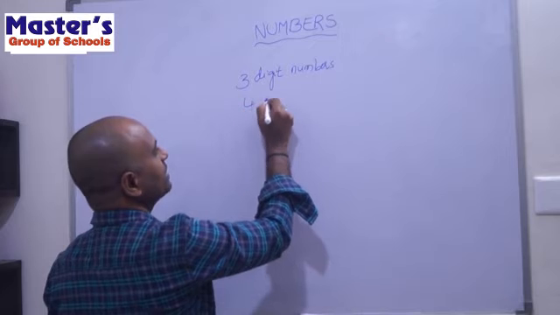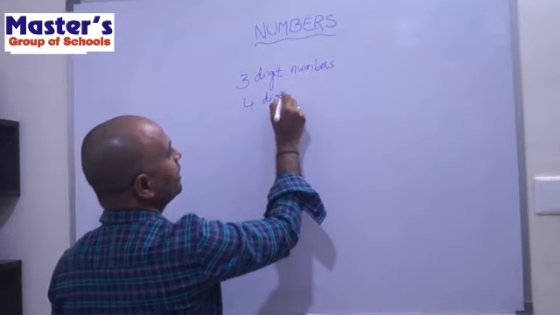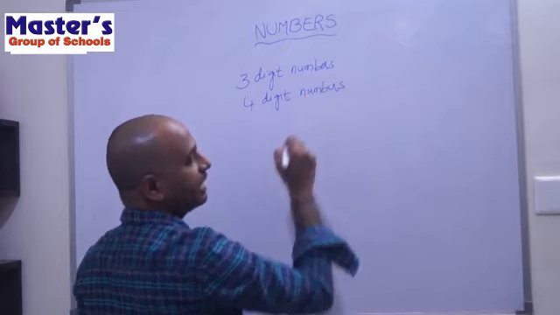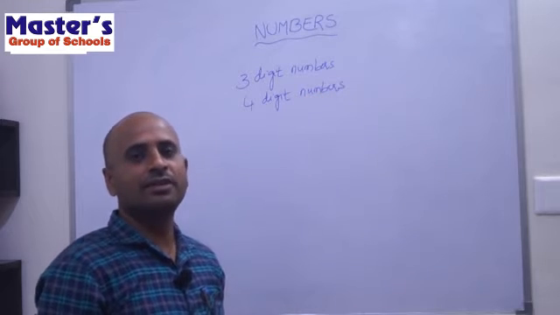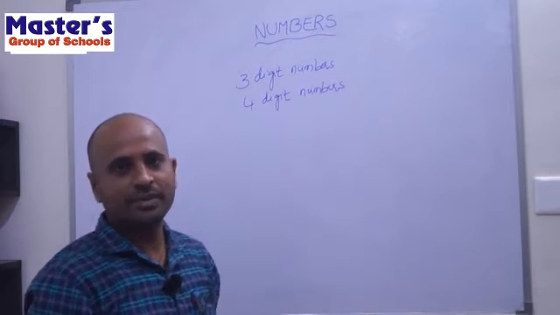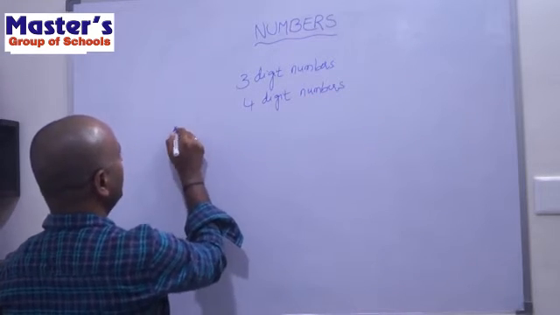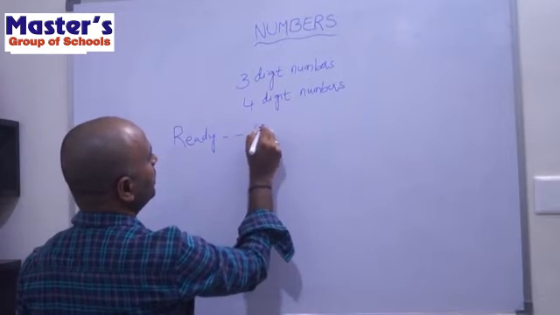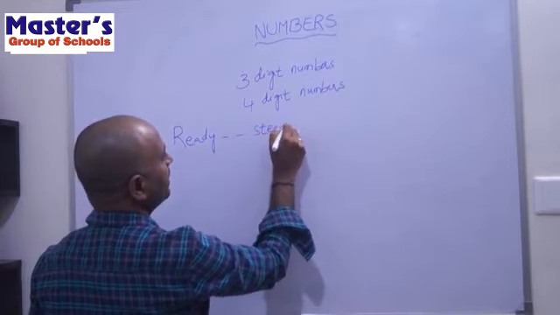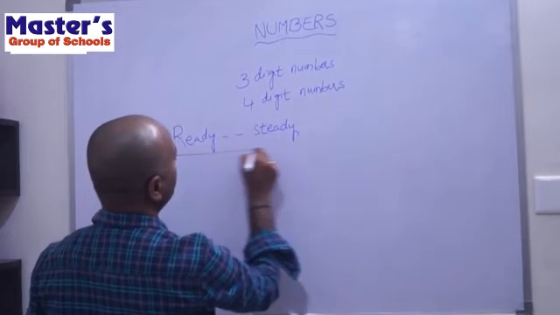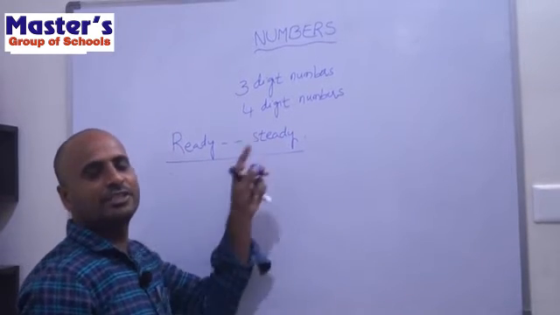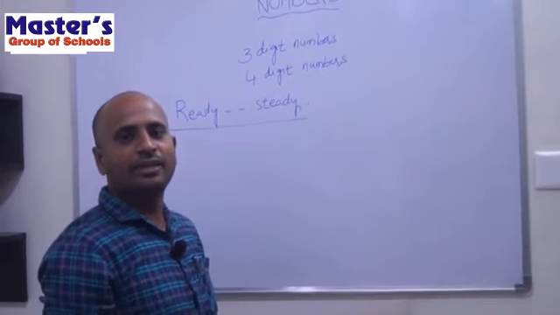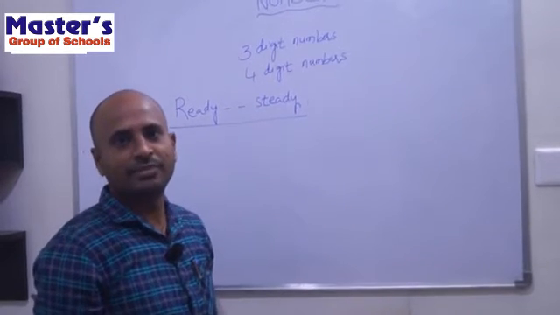Let us take a 4-digit number and see how to write the expanded notation for it. In the Ready and Steady part, let us take a small problem of a 4-digit number and see how to write the expanded notation for it.